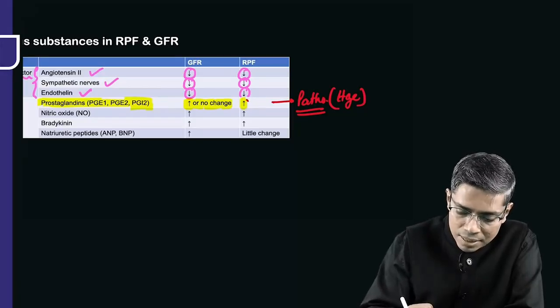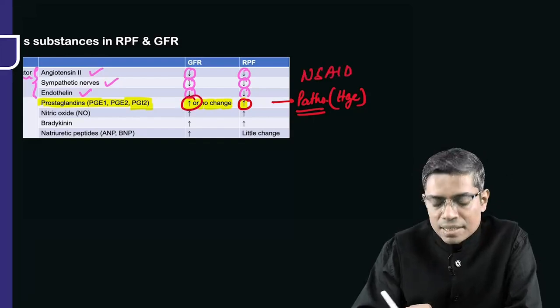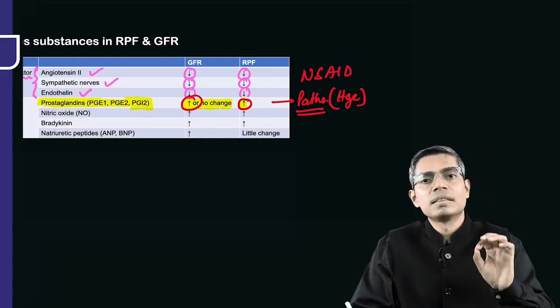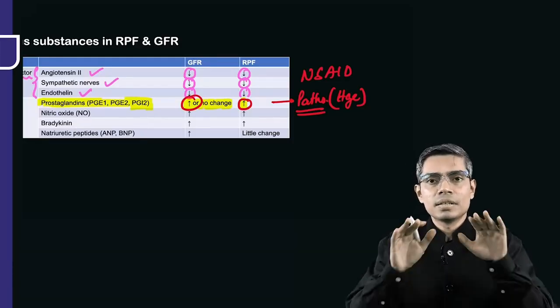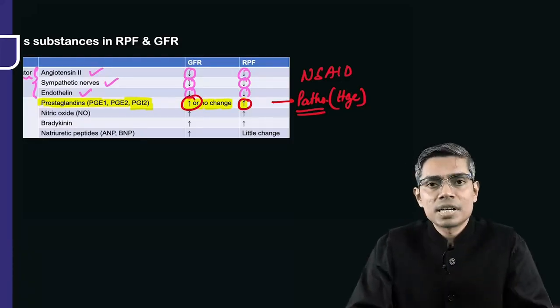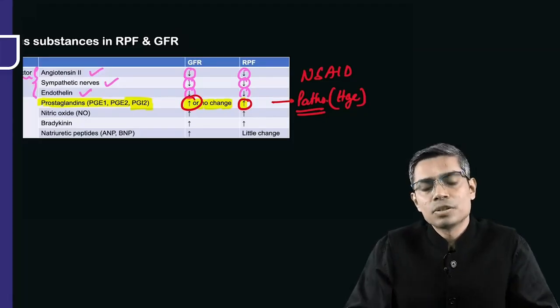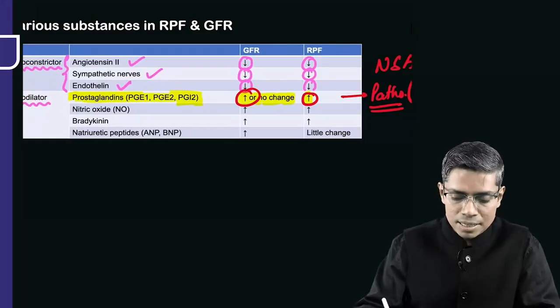In this condition, if you inhibit prostaglandin production by giving NSAID kinds of drugs, which inhibit prostaglandin production, that can be detrimental, because your renal plasma flow and GFR will go down. So remember that prostaglandin is very important during the pathological condition.